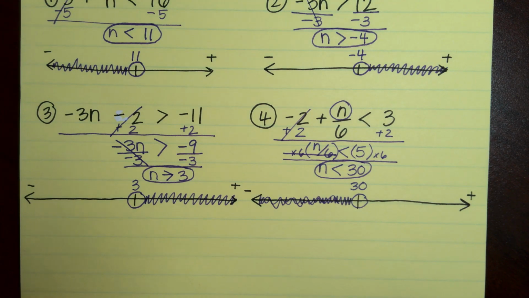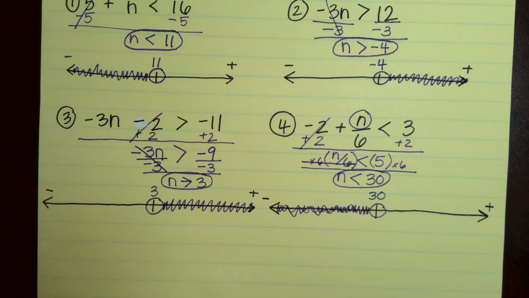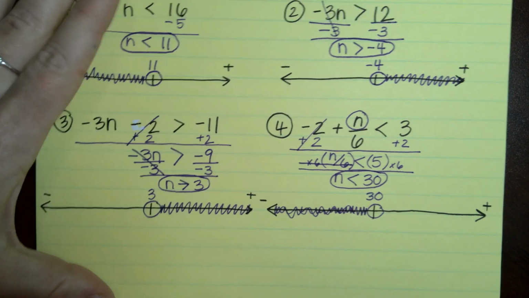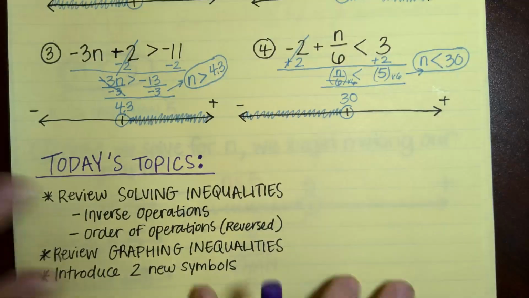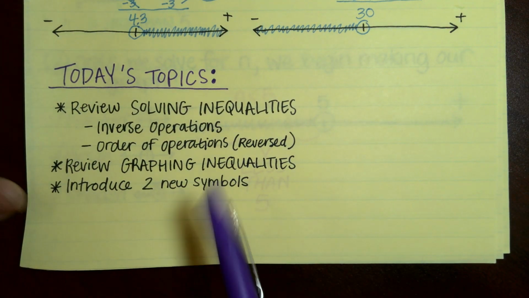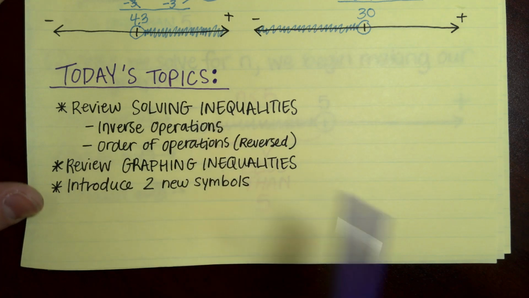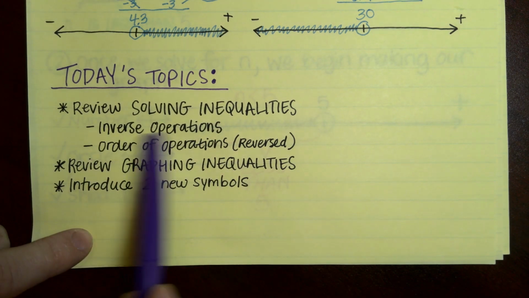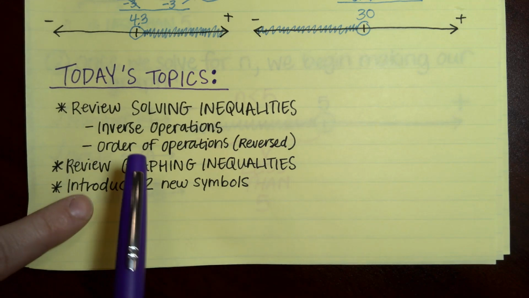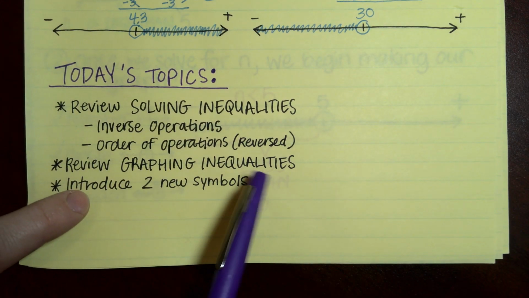I'm going to tell you what our topics are today. Does anybody still need to look at this and copy anything down? All right. So, today we are doing a little bit of a review of how we solve inequalities, making sure that we remember our inverse operations and how to do our order of operations when we're solving.